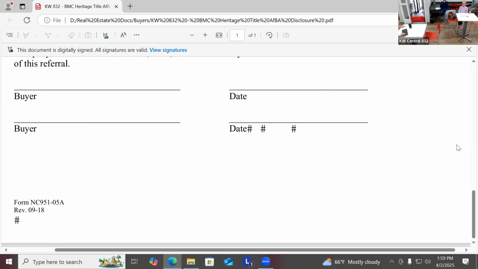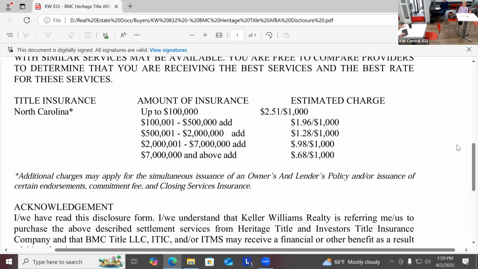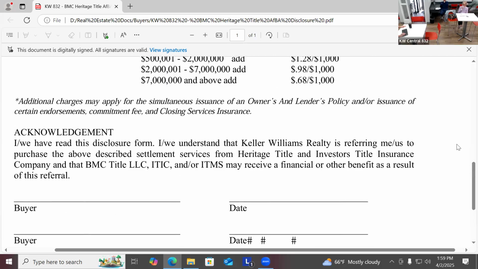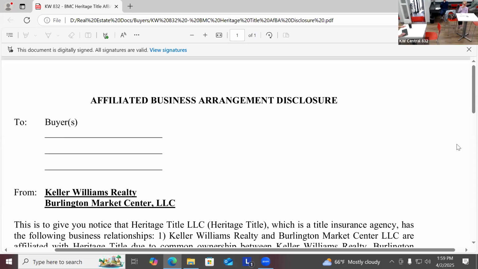So this is the one that is required that your buyer sign. There is a place on there for the address, but it doesn't have to be address specific. When you're doing your buyer consultation and getting all these forms signed, just their name and their signature is the only thing that is required on this.